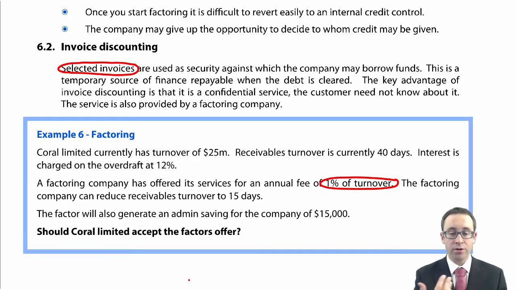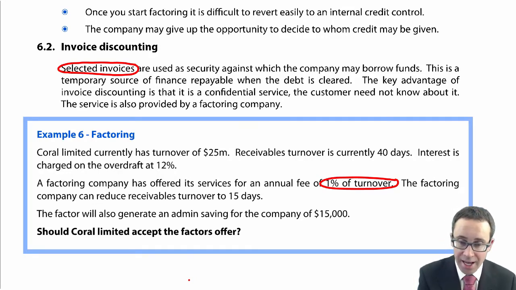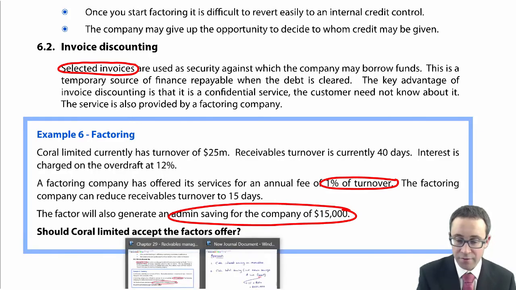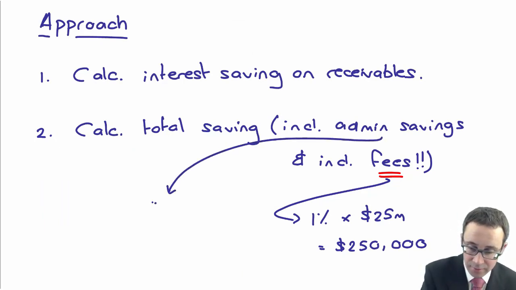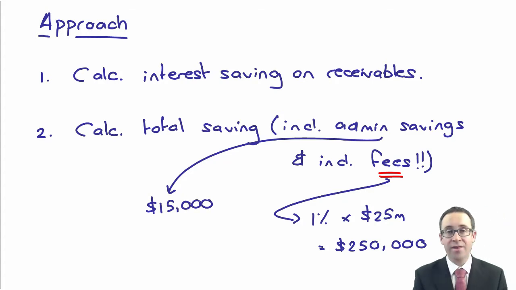And the factoring company can reduce the receivables to 15 days. So we could work out what the receivables would be at 15 days, couldn't we? And then the factor also generates admin savings for the company of $15,000. So our admin savings there are $15,000, aren't they? So we're incurring fees of $250,000, but we're saving 15. So is that a net cost of $235,000?